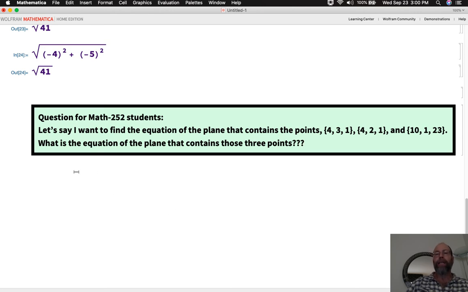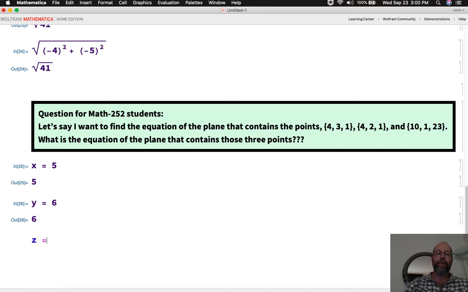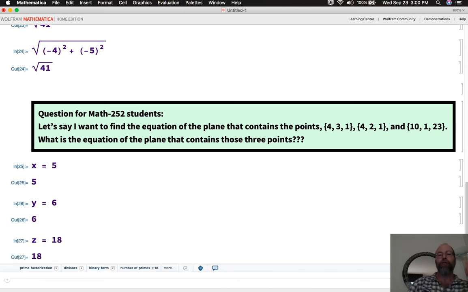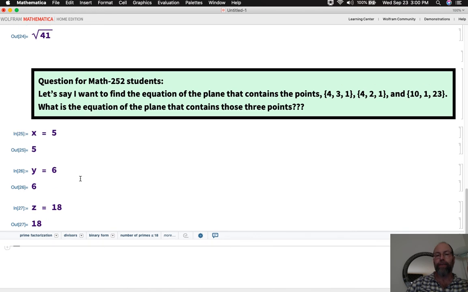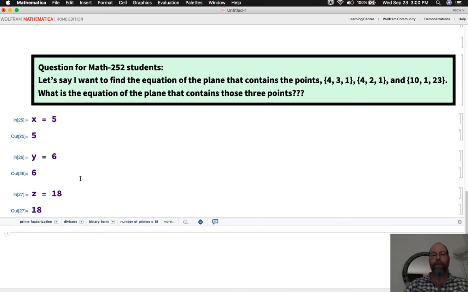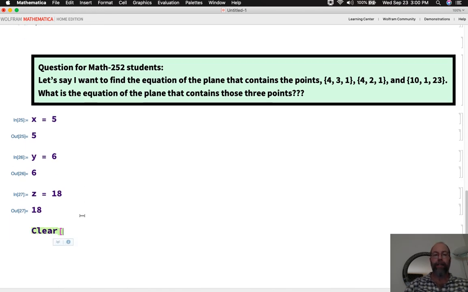A nice, easy way of doing this, well, we have to make sure x, y, and z are not defined. Let's say x is equal to 5, y is equal to 6, z is equal to 18. I have to make sure that I clear those values. Clear x, y, z.